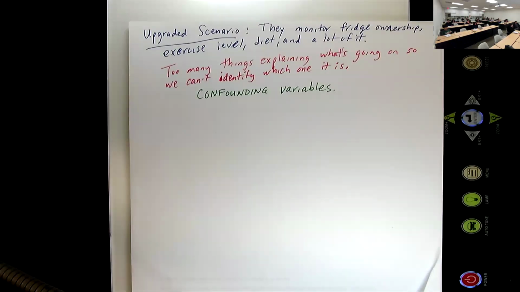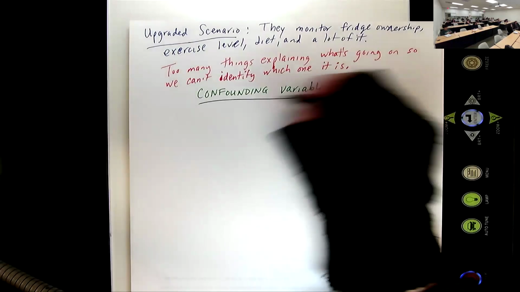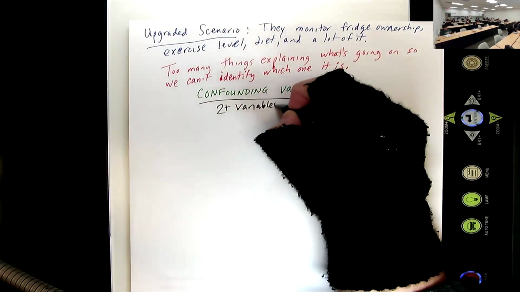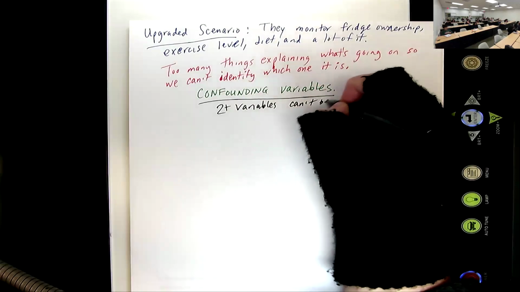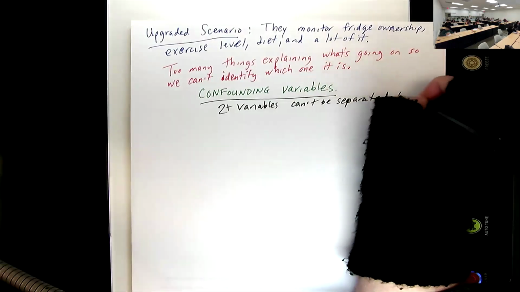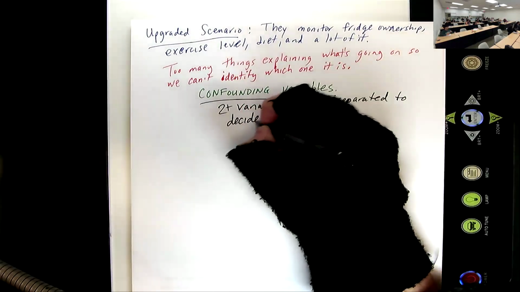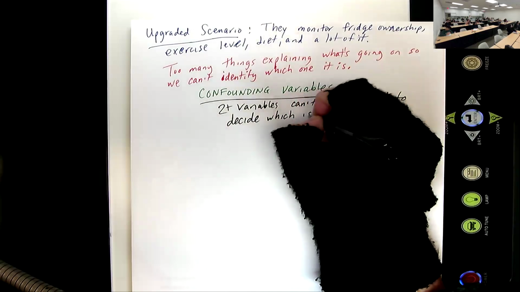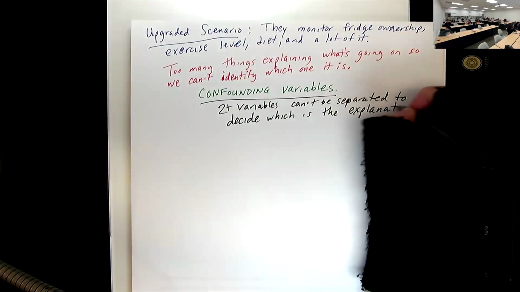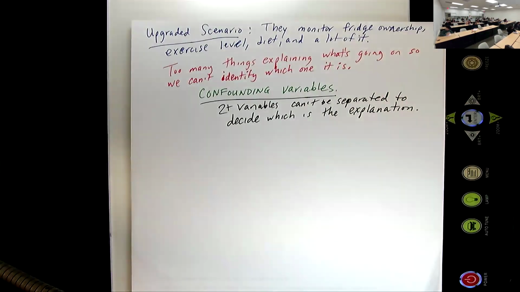So this is when two variables, two or more, can't be separated to decide which is the explanation. Now, there's a way to go about doing this, but it's harder than hell to monitor the genetic aspect. But you could make groups of all sorts.